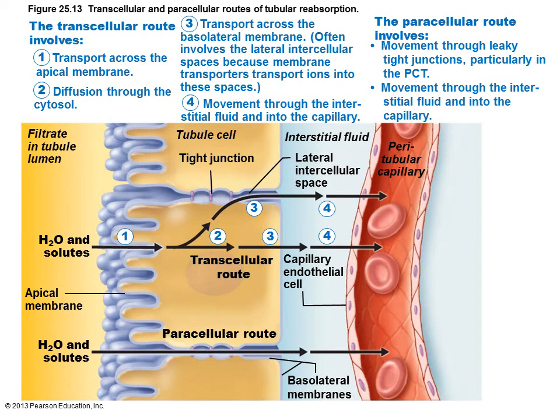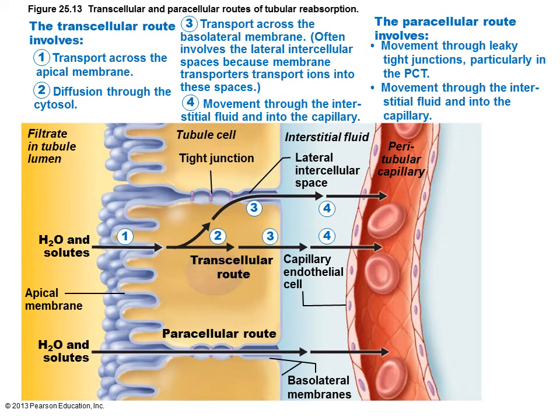As you see, most of the tubular contents are reabsorbed into the blood through selective active or passive tubular reabsorption. They use two types of routes. One is passing through the cell, called the transcellular route.